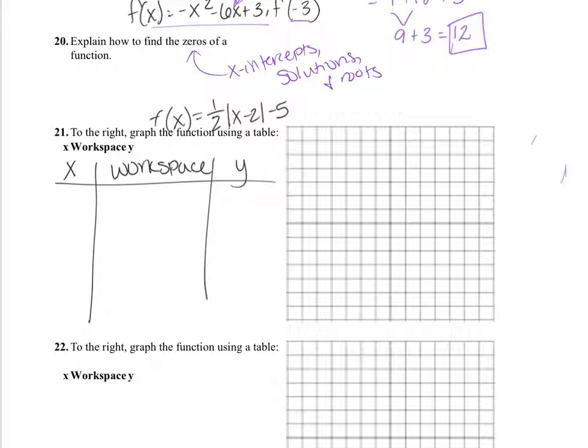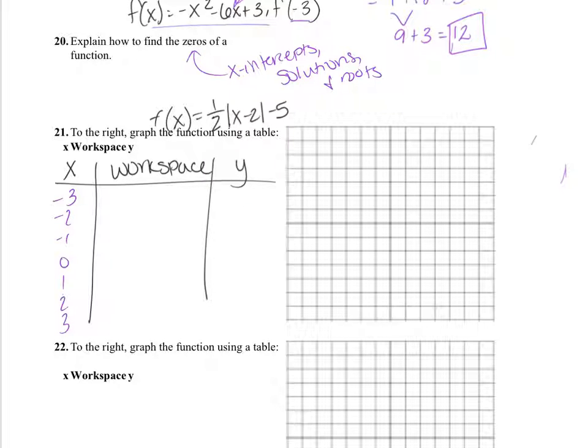Now we're going to look at f of x equals 1/2 absolute value of x minus 2, minus 5. What you need to do is just pick some x values, and I like to start with either -2 or -3. You just sub these values in for x into the function.